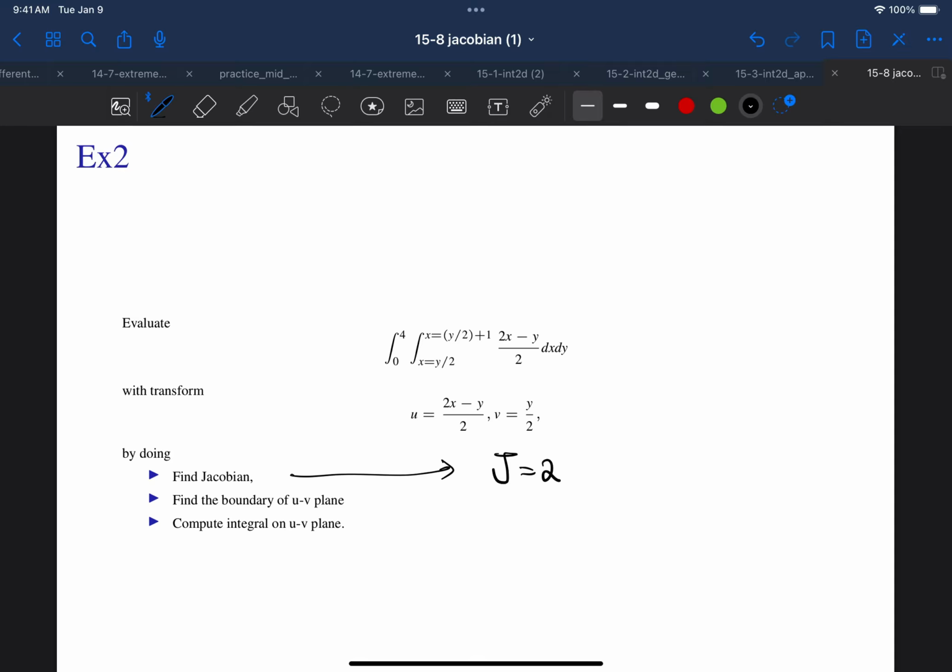Now find the boundary in the uv plane, or you can say the region you want to find. After substitution we need the following form: something, du dv.